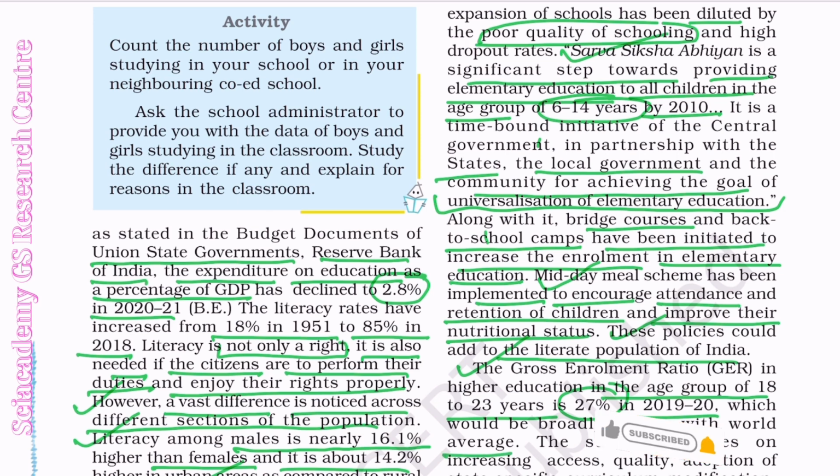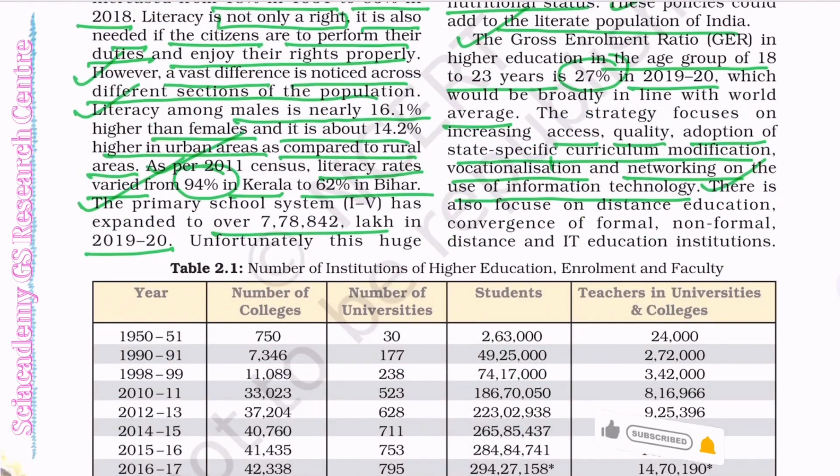The strategy focuses on increasing access, quality, adoption of state-specific curriculum modification, vocationalization, and networking on the use of information technology. There is also a focus on distance education, and convergence of formal, non-formal, distance and IT education institutions.